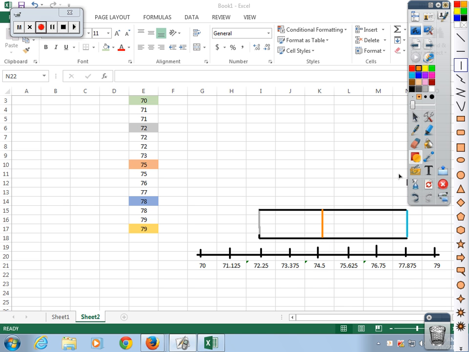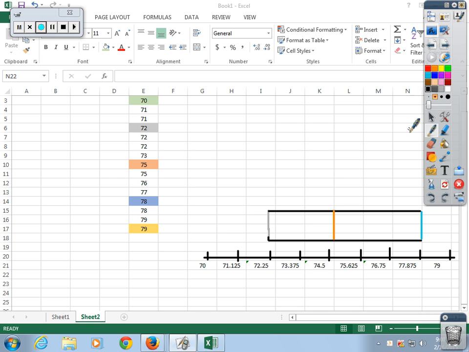So, do we have somewhat of a normal distribution? Yes or no? Yes, pretty much. Looks like it could be a little bit to the right of center. In other words, where is the center? Well, I thought I had it drawn. I must have moved it over. 75 is the center, right?